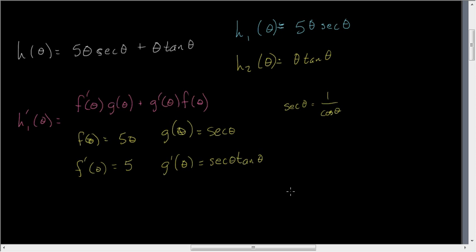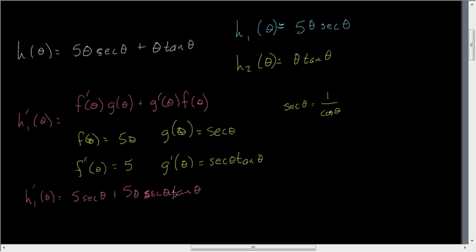Okay, and so as we go back through this, h1 prime of theta is going to be the derivative of the first, which is 5, times the second, which is secant theta, plus the derivative of the second, which is secant tangent, times the first. And so I have 5 secant theta plus 5 theta secant theta tangent theta.